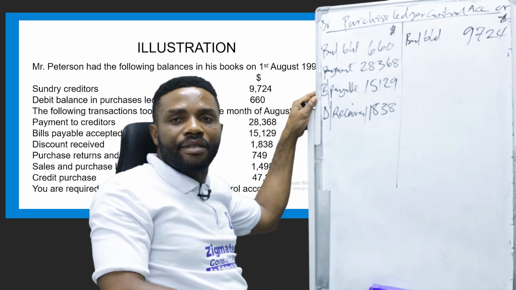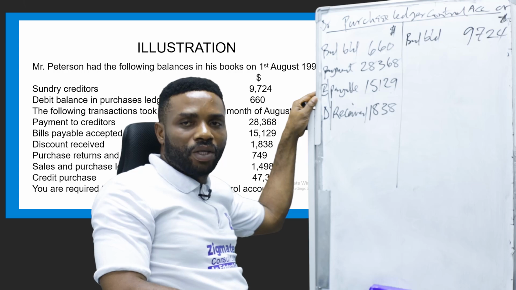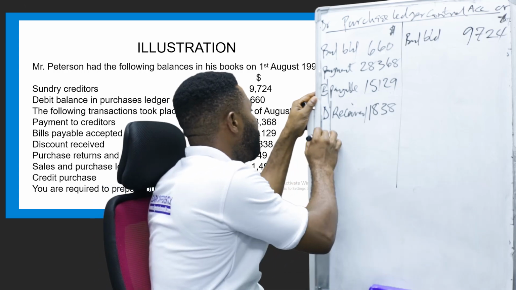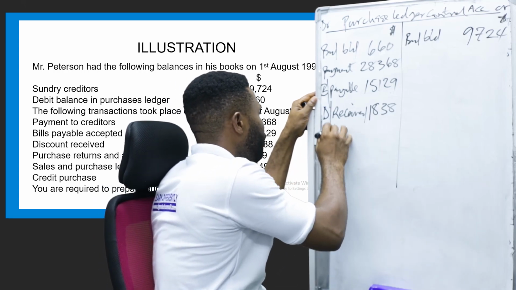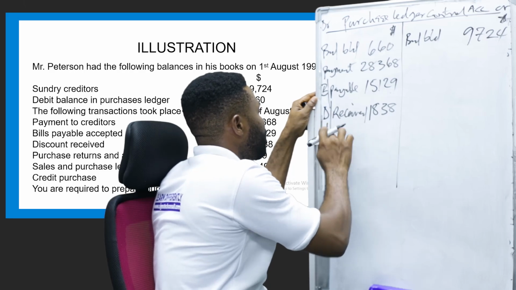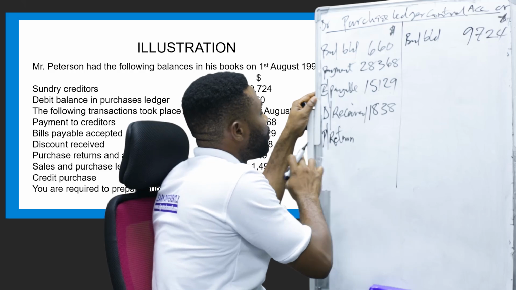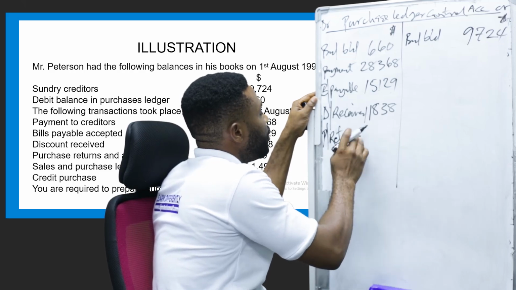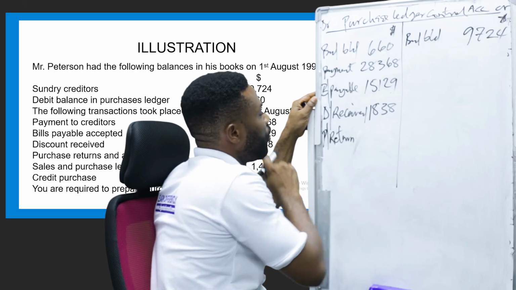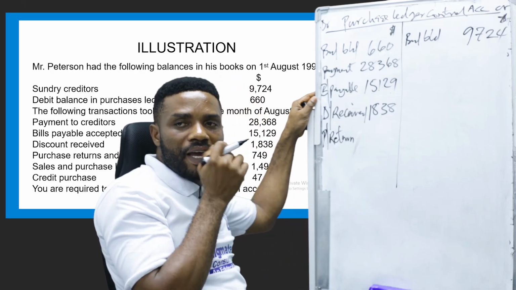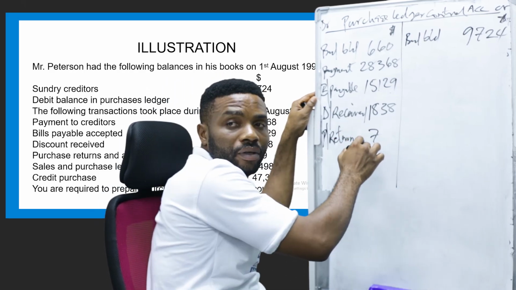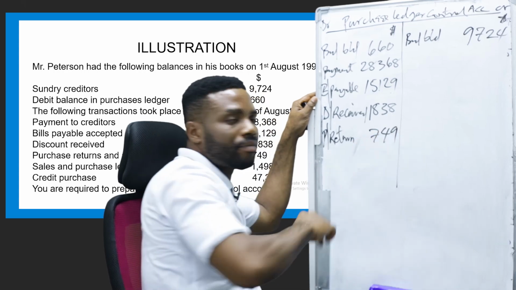Then the next one is purchase return and allowance. Just write purchase return. Purchase return here is 749.